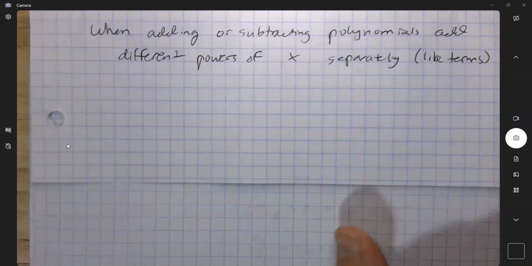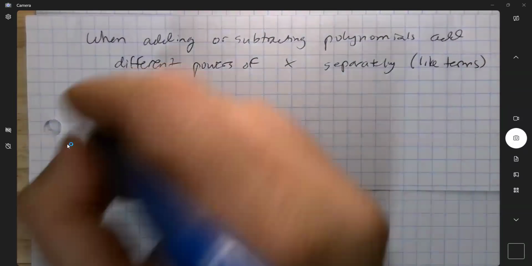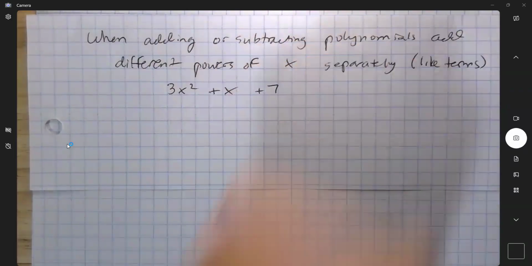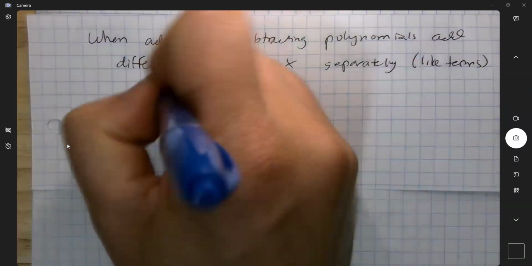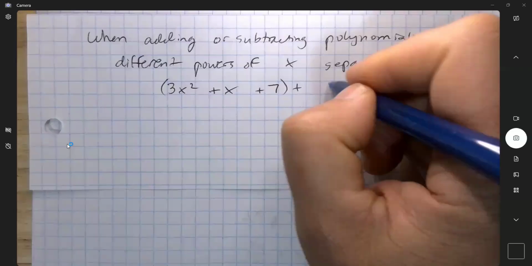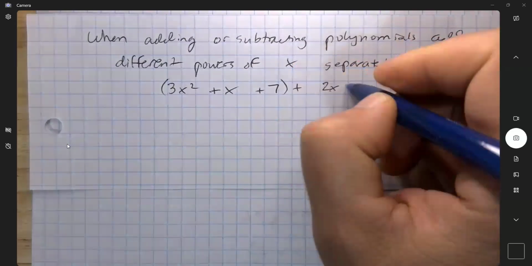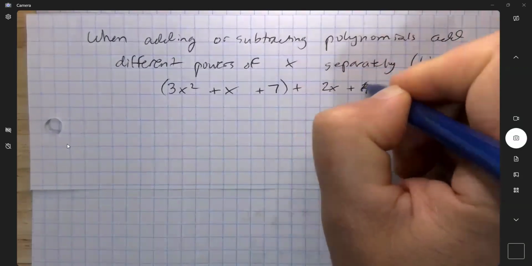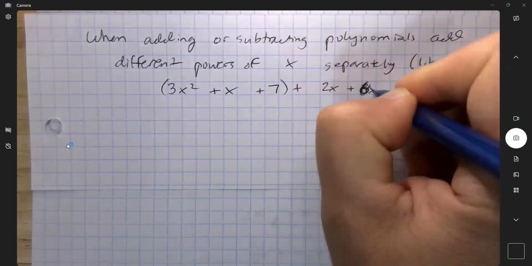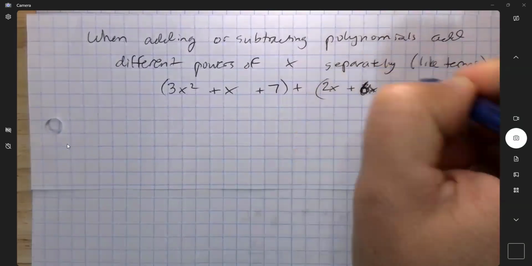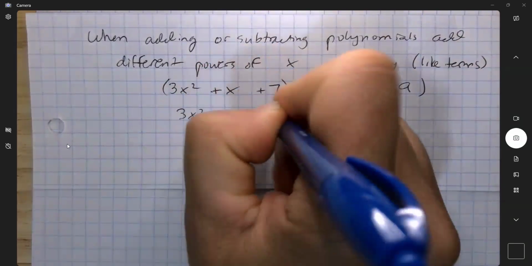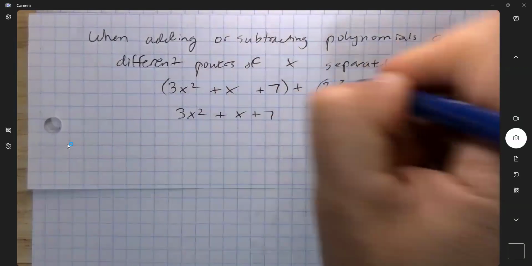So as a base example, if I have 3x squared plus x plus 7, and I want to add to that 2x squared plus 6x plus 9, I would arrange them vertically just like I did with the apples and oranges.